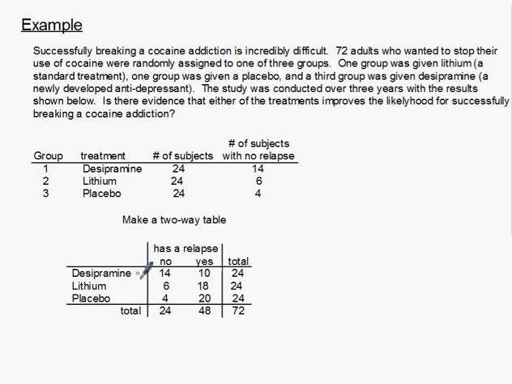All right, we have our 3 populations. We have our 1 variable, which is relapse, but the variable has 2 levels, either no relapse or it does have relapse. So we have to make sure to have a complete 2-way table, which of course we can add across and add down, and we get all kinds of good data.